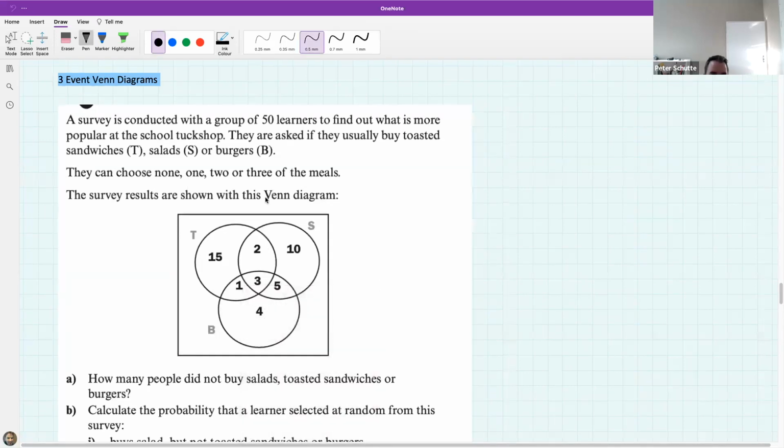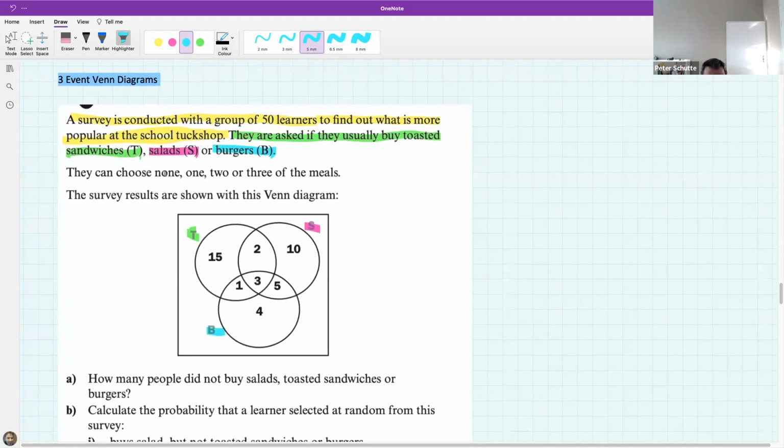A survey is conducted with a group of 50 learners to find out what is more popular at the school tuck shop. They are asked if they usually buy toasted sandwiches, T, or salads, S, or burgers, B.